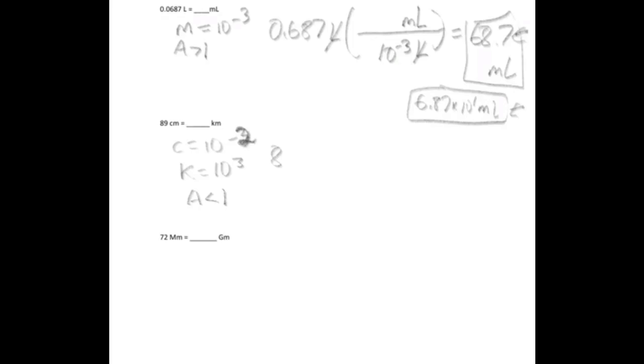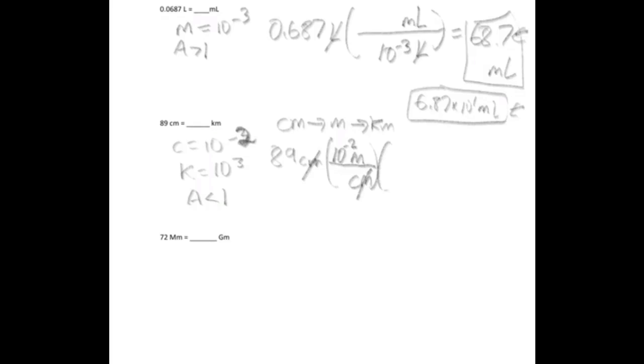So let's say our quantity to be manipulated, 89 centimeters. We're going to go from centimeters to meters, and then to kilometers. So centimeters will be in the denominator. Meters, my intermediate unit, will be in the numerator. And centi means 10 to the minus 2. So 1 centimeter is 10 to the minus 2 meters.